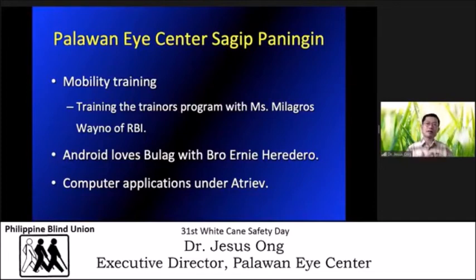Nakipag-tie up kasi ako sa Bahatala Foundation, which is headed by Ma'am Cecil Socrates, and she has a rehab personnel to train the blind or low vision persons.